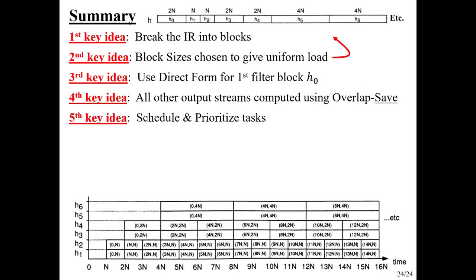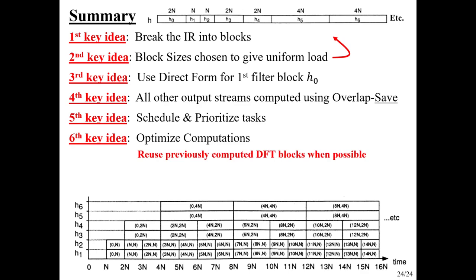Fifth key idea, we need to have a way to schedule and prioritize all the tasks that we have. And so it will require multi-threaded processing and some complicated programming and all that, but it's what you need to do to make this thing work. And then the sixth key idea is we can be clever and reuse results and figure out how to efficiently compute things for this particular application.